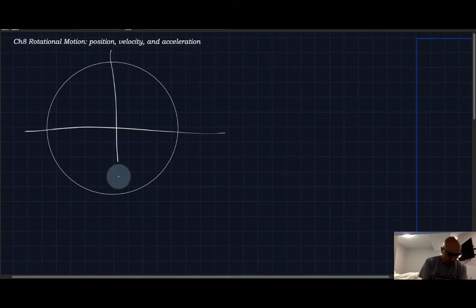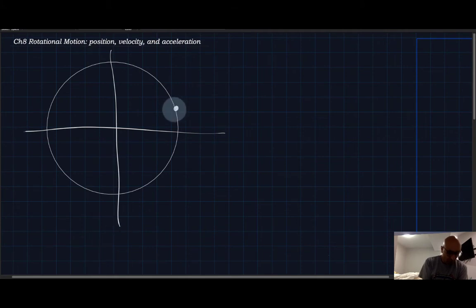Hello again, everybody. We are continuing our talk about rotational motion, and we are going to talk about now if an object is in rotational motion like this one.